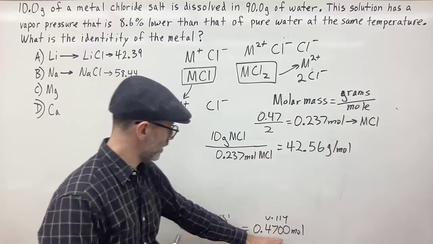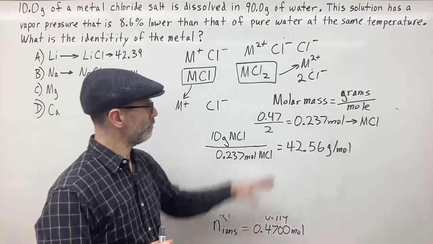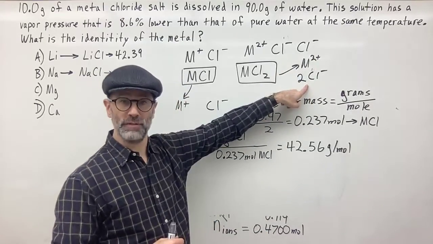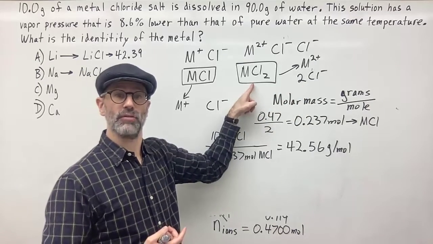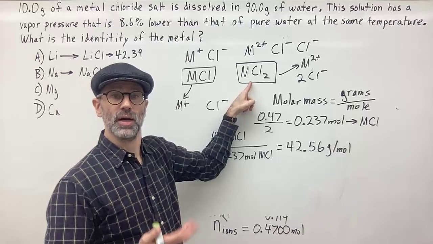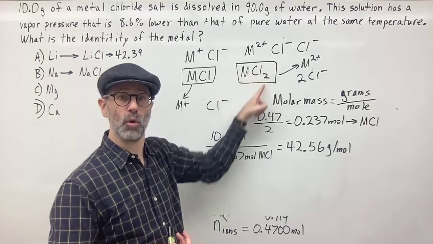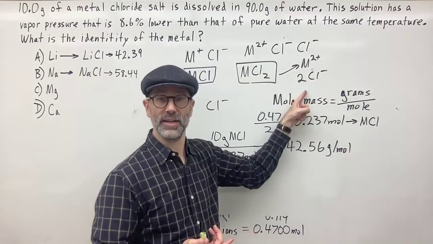So this was the moles that we calculated of the ions. In this case, the moles of ions are triple the amount of the moles of the original metal chloride. So 1 mole of this dissolving in water is going to give 3 moles of ions.